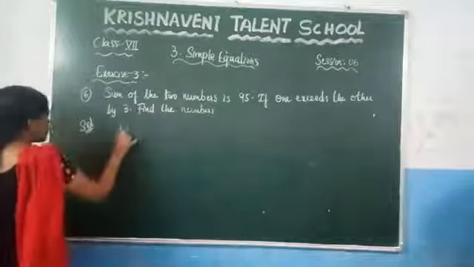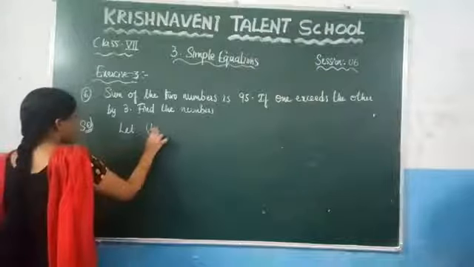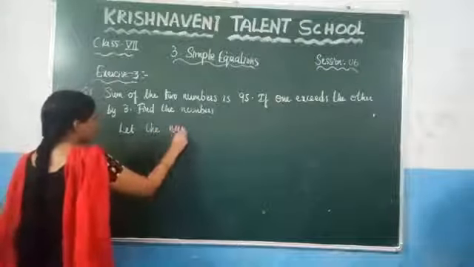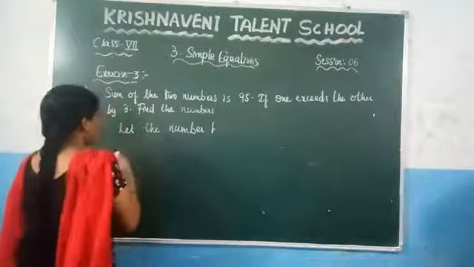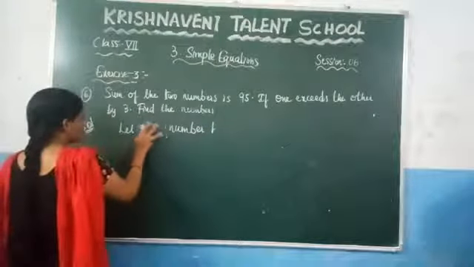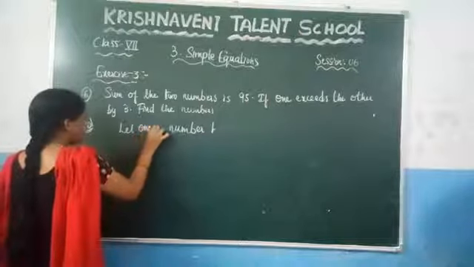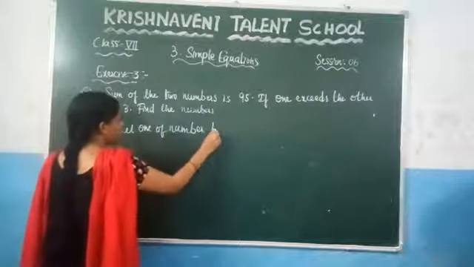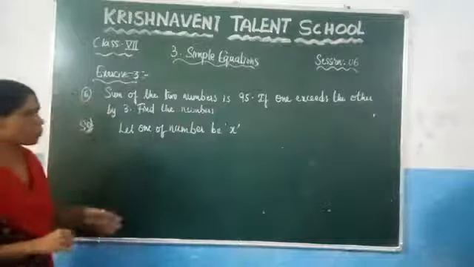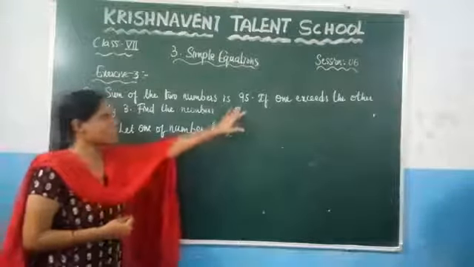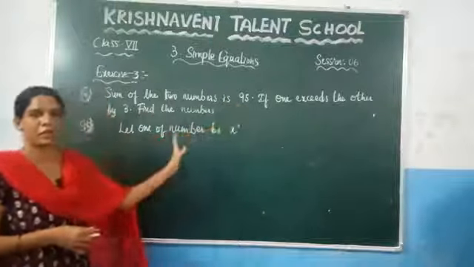So what we took here, let one of the numbers be x. I am writing here, let one of the numbers be x. I am taking here one number is x. So what will be the other number? Just now we have discussed, we have to subtract x from 95.